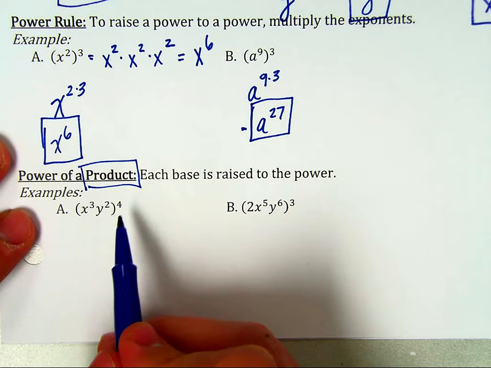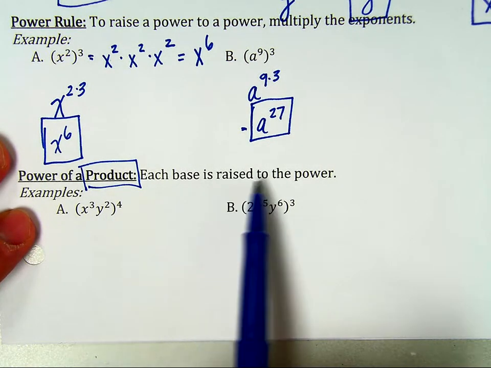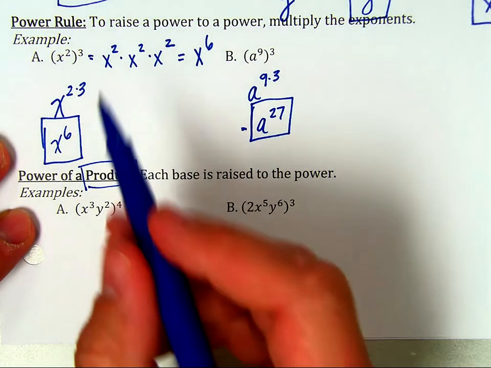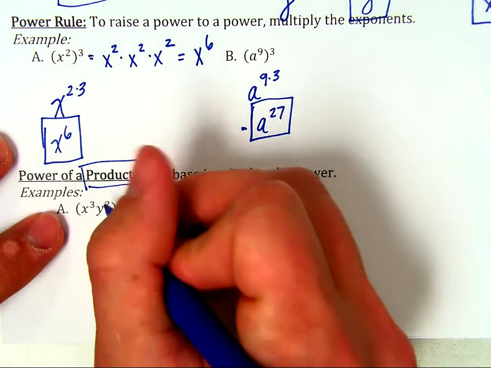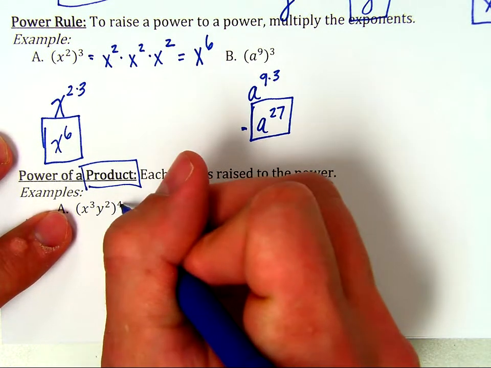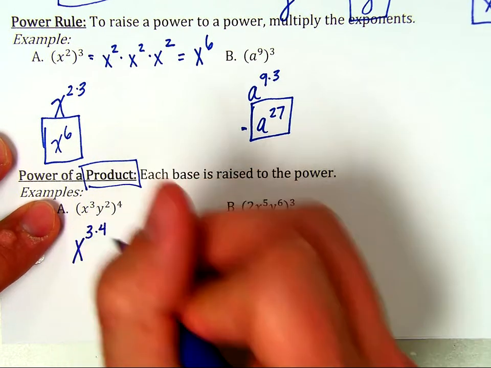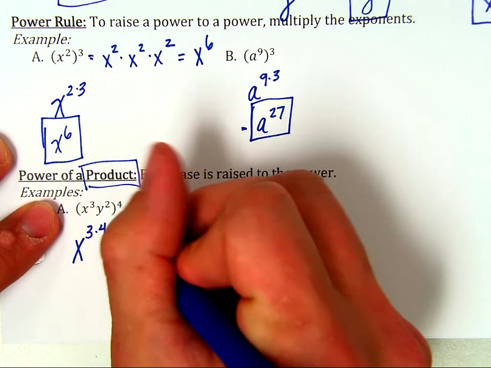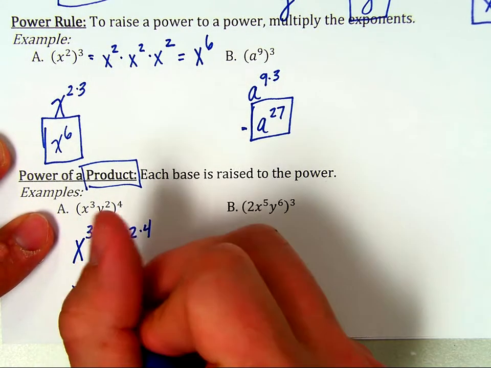What that means in this case is each base is going to be raised to that power. So just like we did in the power rule where we multiplied the exponents, here we're going to multiply the exponents each by 4. So it's x to the 3 times 4 and y to the 2 times 4. So we end up with x to the 12th, y to the 8th.